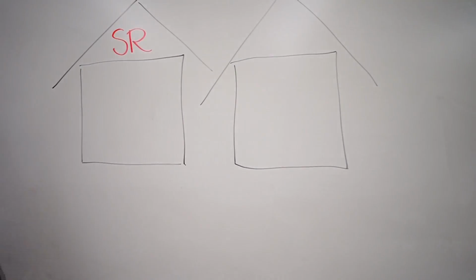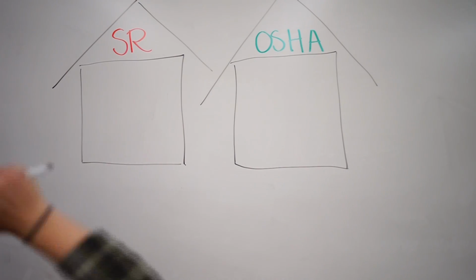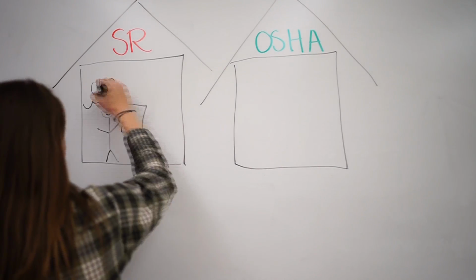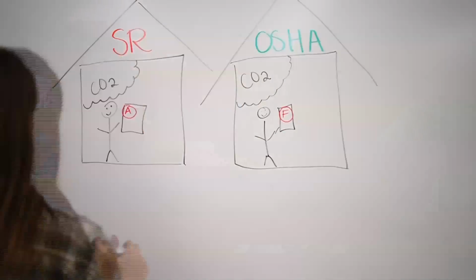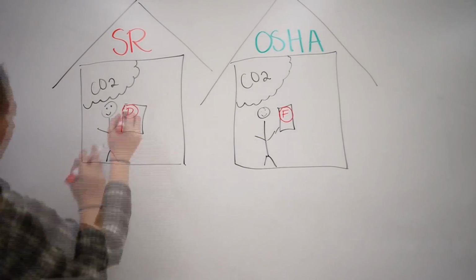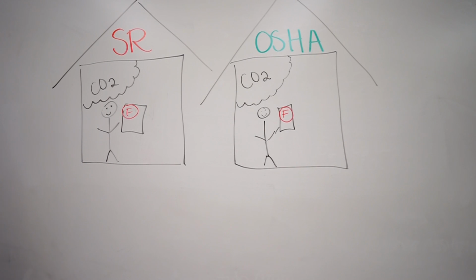Our study does not show that at SR, CO2 level affects grades. However, there are studies out there that do show that CO2 in higher concentrations will actually affect grades. A great example of a study conducted by a third party that is not SR is the study conducted by OSHA that shows exactly what I just said.